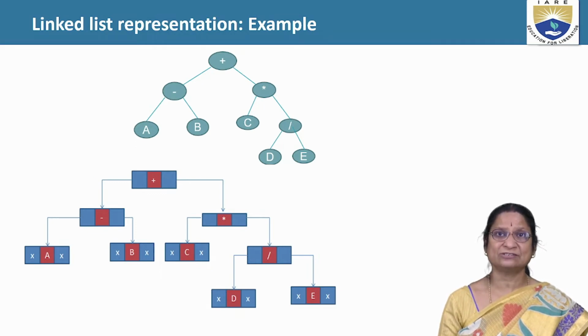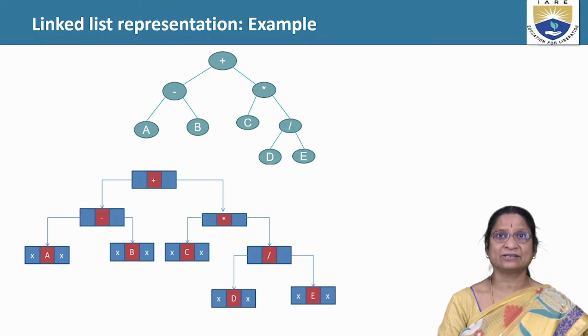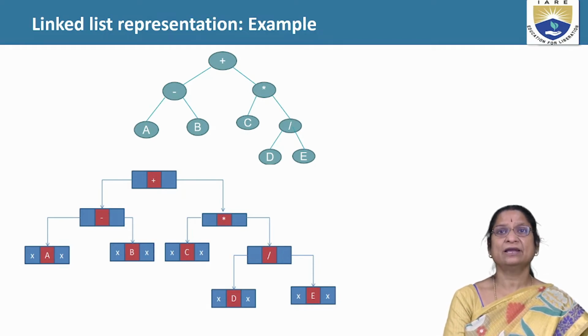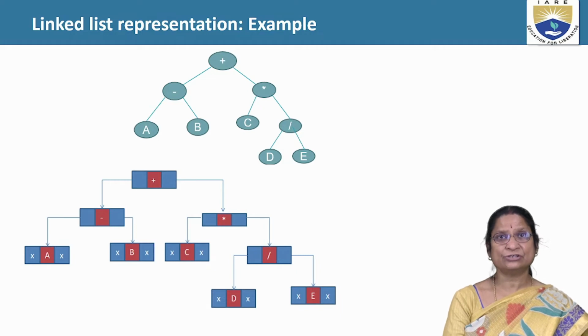And waste of memory is not a considerable disadvantage in this case. But it needs more memory because each node consists of 3 parts. We have to store 2 addresses, the left child address and the right child address. So every value has 2 more pointers stored, and excess memory is required.